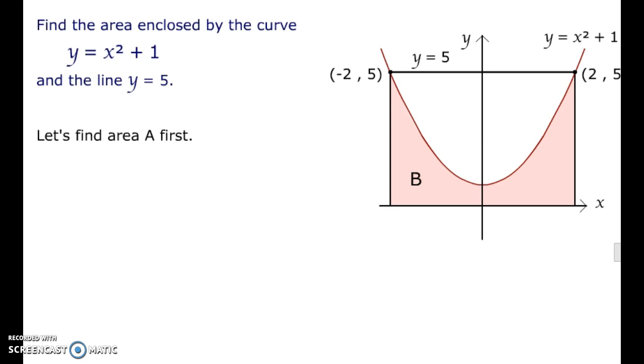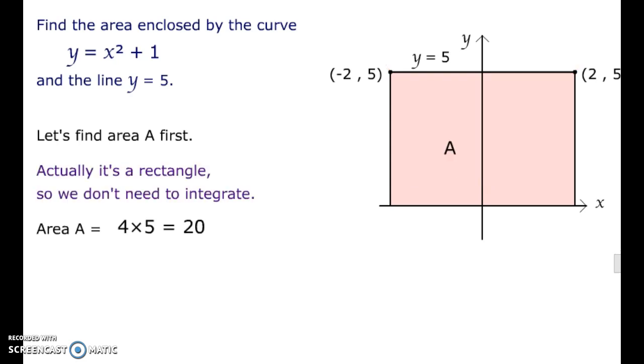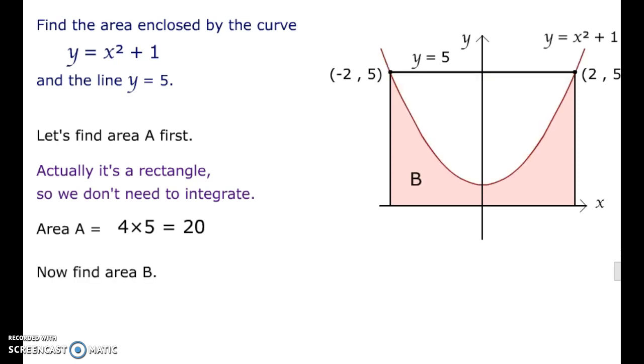Let's find area A first, or maybe you can work together. It's a rectangle, I told you, no need to apply integration. Now area B. This is actually the integration of the parabola from minus 2 to 2, so the integral from minus 2 to 2 of x squared plus 1 dx.